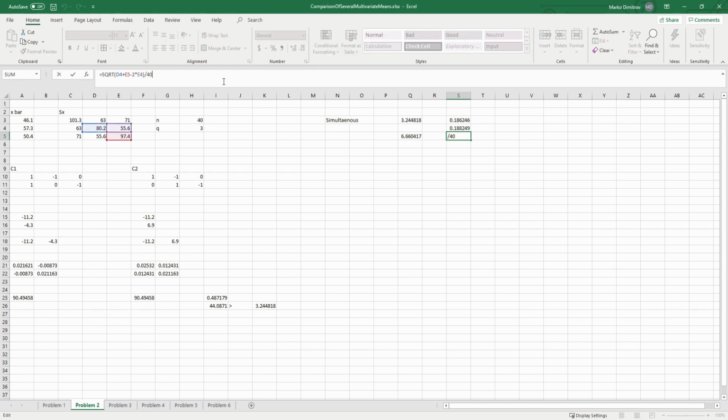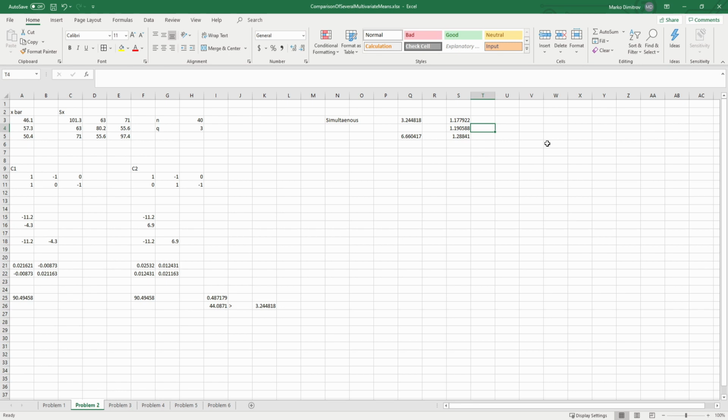Yes, so those are our numbers. So 40 divided by 40, but in the brackets. Again, there is a mistake. We need to divide everything by 40. So it should be like this.